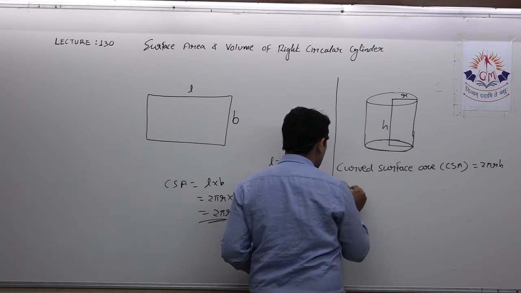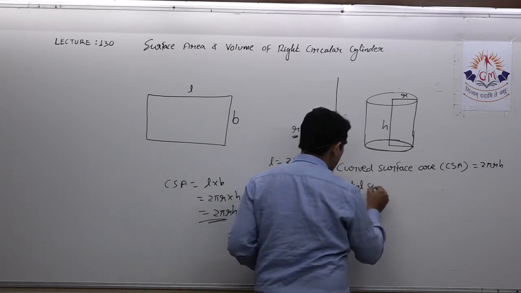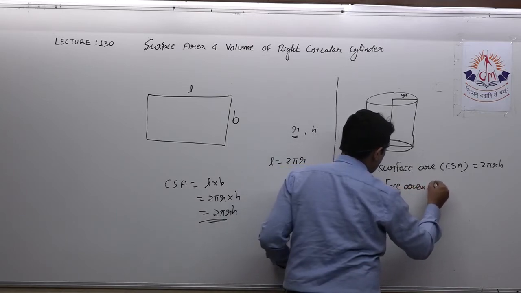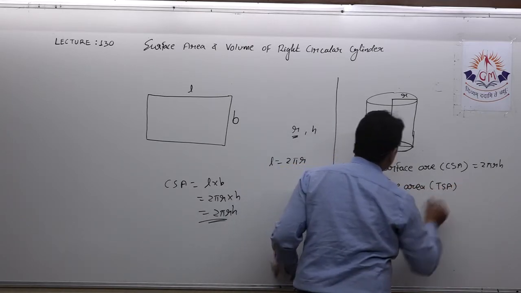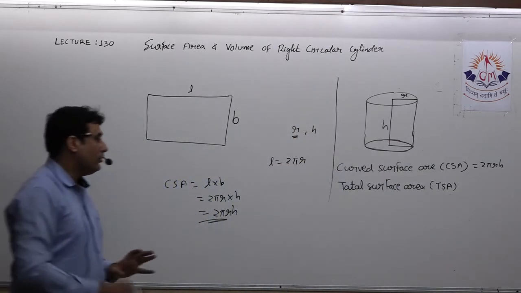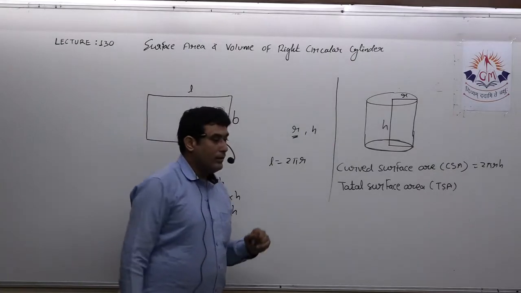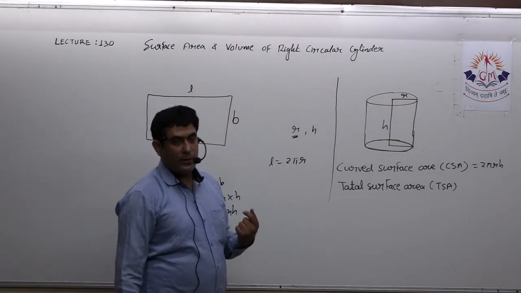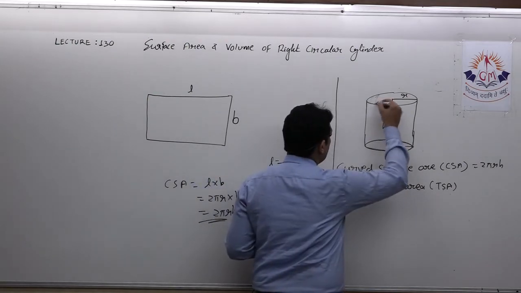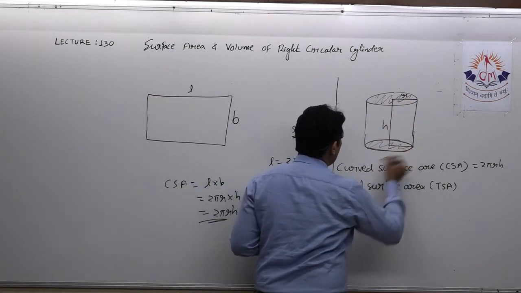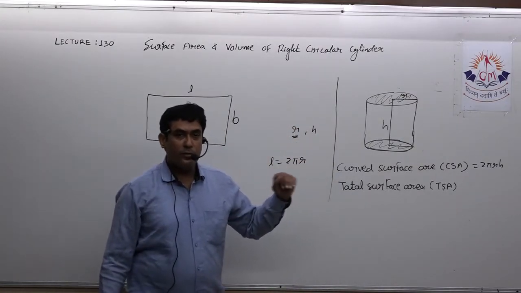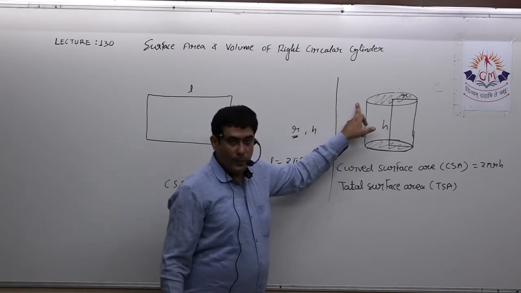Now next is total surface area, that is TSA. Now what is total surface area? As we discussed in the cube and cuboid as well, total surface area means the area of all the surfaces that a solid figure has. Now other than this curved surface, this cylinder has these two circular surfaces, whose radius we assumed as r. So the area of a circular portion will be pi r square.